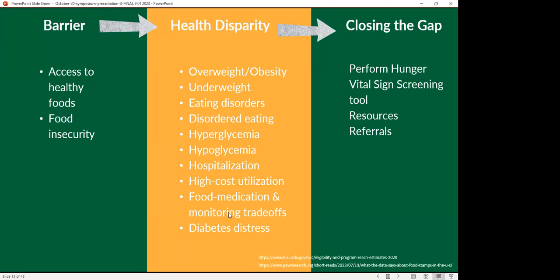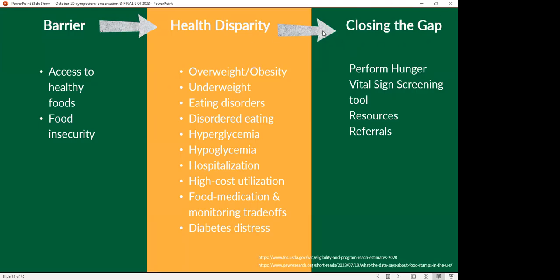And then there will be diabetes distress. So these are some of the barriers that will cause health disparities when there is food insecurity and limited access to healthy foods.